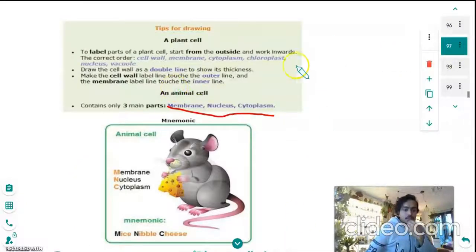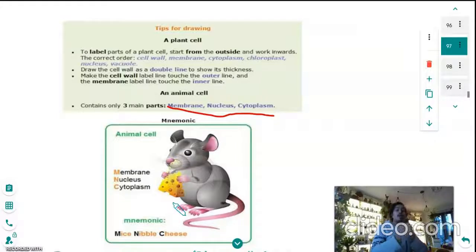All right. So for the animal cell, you can learn this little mnemonic called mice nibble cheese. Very simple. I will always try to give you little tips on how to remember them, and how I used to study these things and remember them when I was a student, and do well in my exams. Okay, so mice nibble cheese means M for membrane, which is the cell membrane.